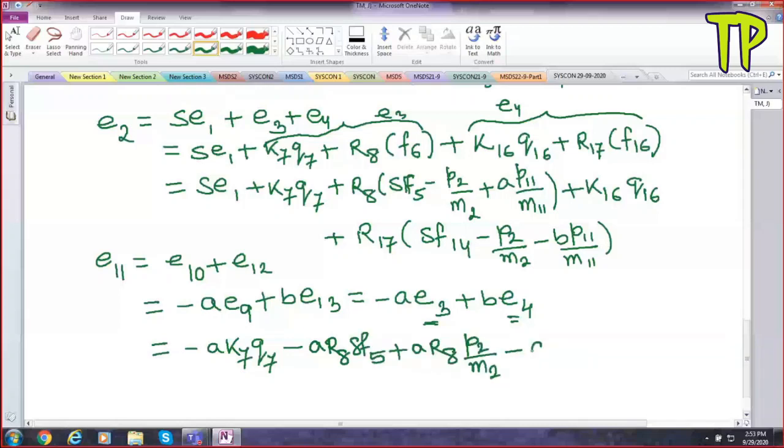Then this is minus A square R8 P11 by M11. That is one line.